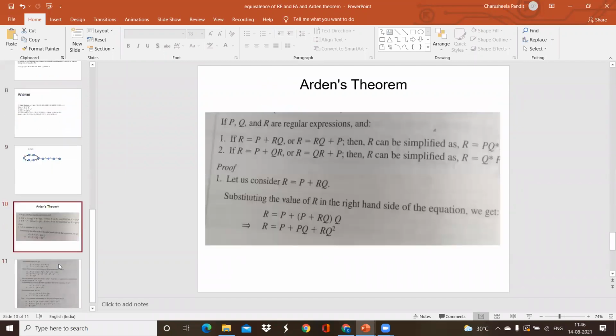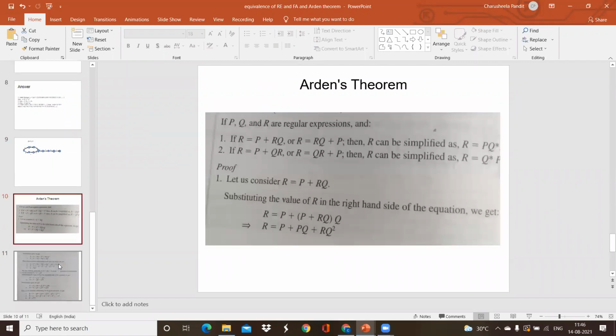And now the last topic here is Arden's theorem. It is very easy, and its proof is also very easy to understand. Here it is said P, Q, and R are regular expressions, and it is shown that if R is equal to P plus RQ, or R is equal to QR plus P, then R can be simplified as PQ star.